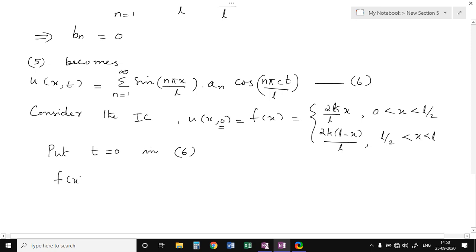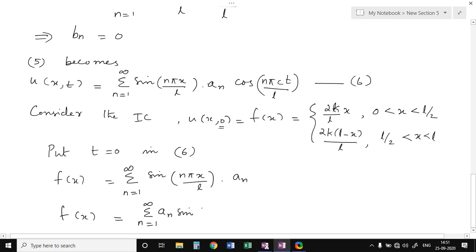So f(x) is equal to summation n varies from 1 to infinity sin(nπx/L) an, then this term cos(nπct/L), but here t is 0, so that this becomes cos 0 and the value for cos 0 is 1. So we will get only an here, and now I will rearrange this term. So we can write this as f(x) equal to sigma n varies from 1 to infinity an sin(nπx/L).